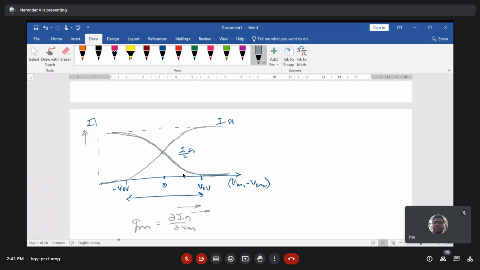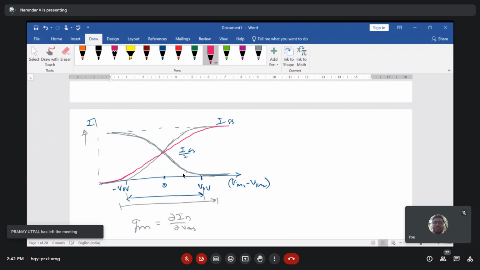And now we want to increase the range of the differential amplifier. What it means is that instead of being limited to this range, now we want to increase the range from this point to this point. Then how is the plot going to look? The plot is going to be something like this, right?